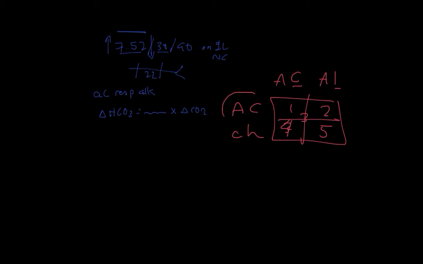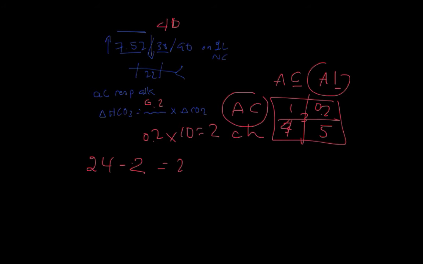I'm looking for an acute alkalosis. I know the correction factor is going to be 0.2. So the change in bicarb is going to be 0.2 times the change in CO2 from 40, which is normal. That means times 10, and it equals 2. I expect the bicarb to drop by 2 points. So from 24, it will become 22, and this is exactly what happened to the patient.